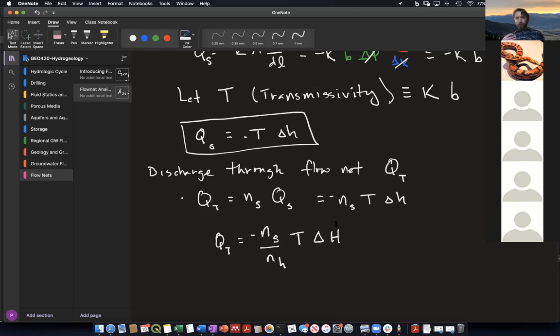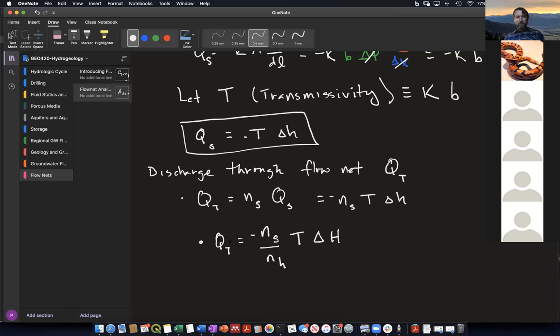You'll draw in your homework a flow net underneath a dam, and you have stream tubes of a bunch of different lengths and widths, but if it's a homogeneous isotropic system, we can calculate the total discharge through our aquifer as the number of stream tubes divided by the number of head drops times the transmissivity of our aquifer. And all we need to know is the total head drop from the starting of our flow path to the end of our flow path.